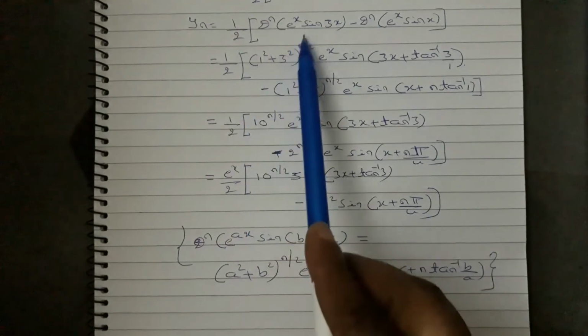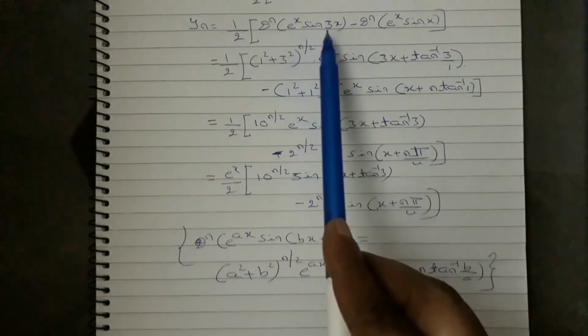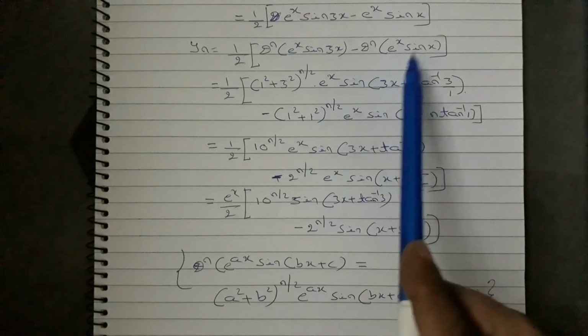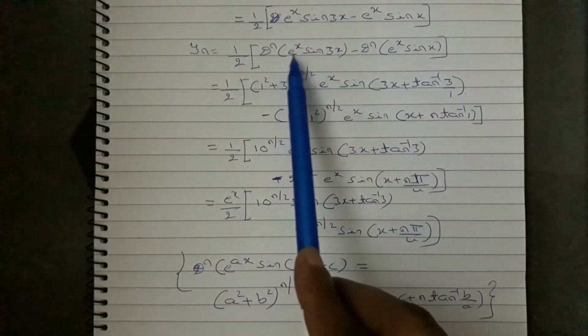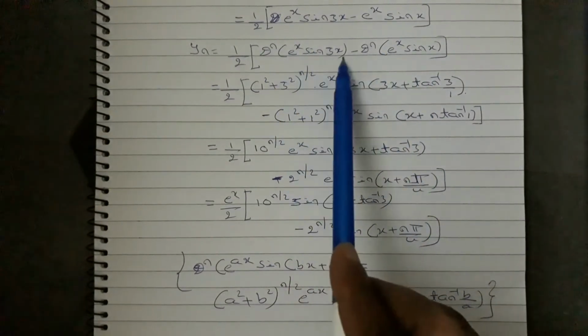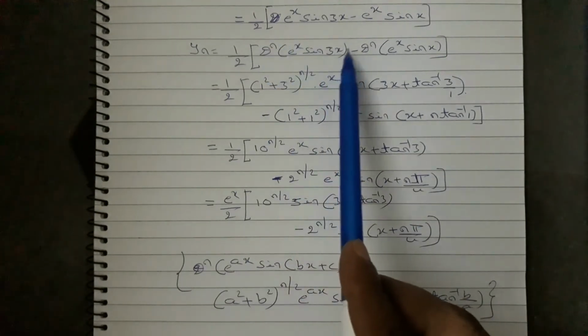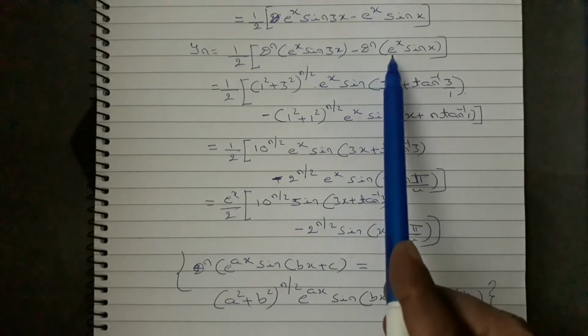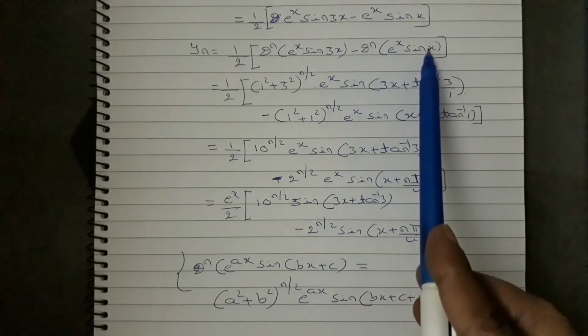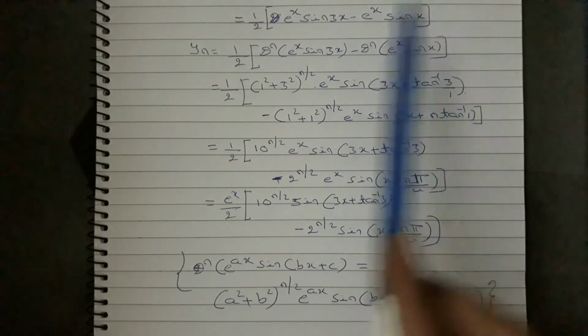So it will become the nth derivative of e raised to x sin 3x, and this is e raised to x into sin x. Here it is of the type e raised to ax sin (bx plus c). The a value is 1, b value is 3 and c value is 0. So here also the a value is 1, b value is 1 and c value is 0.